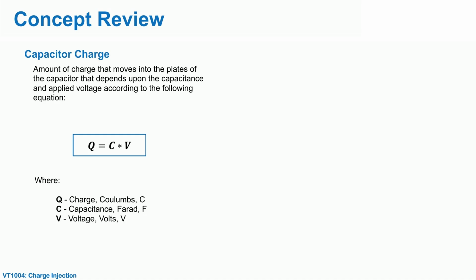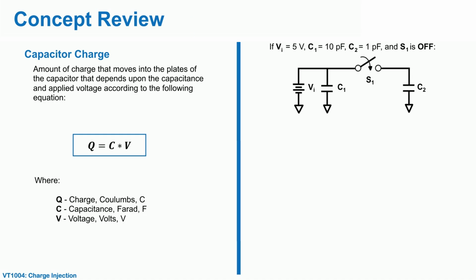To further explain this concept, let's calculate the amount of charge and the final voltage seen at the output of this example. If the initial voltage is 5 volts, C1 equals 10 picofarads, and C2 equals 1 picofarad, let's find the value of the charge, Q, through C1 and S1 is open.